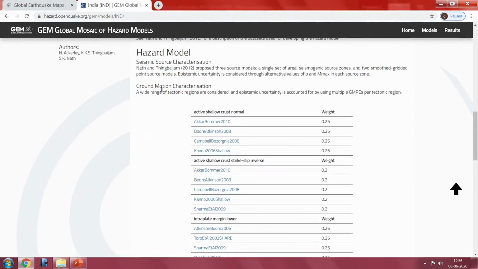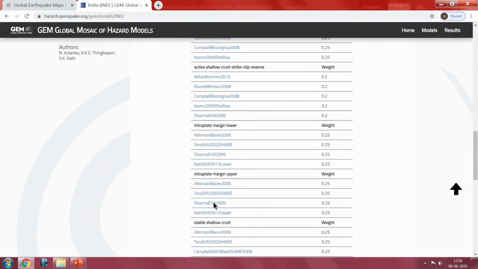This is the ground motion characteristics model used to estimate a hazard value. For example, for the active crust region, which is North India, they used this; for active crust with normal fault mechanism, they used this; for active shallow crust strike-slip and reverse, they used this model. For the intraplate regions like southern India, they used these ground motion models.